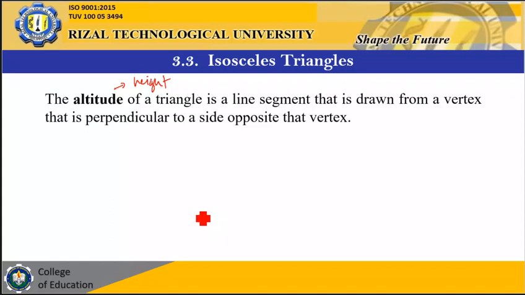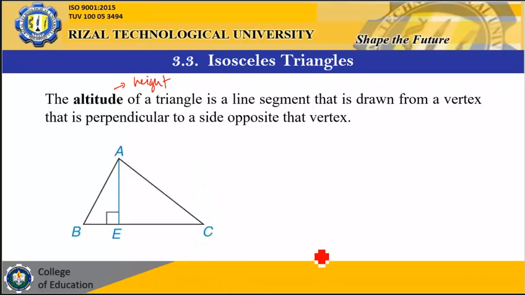Okay, but it borrows the idea of perpendicular bisectors in such a way that the altitude is perpendicular to the side that is opposite to a given vertex.